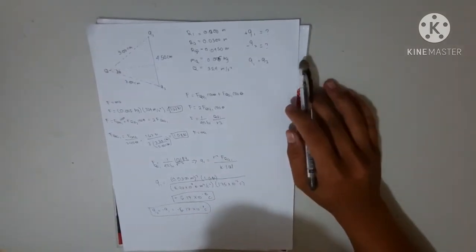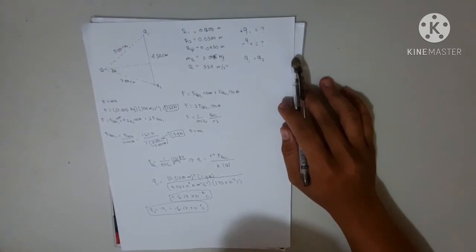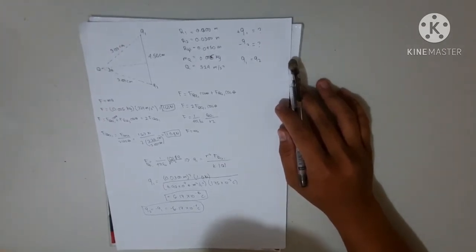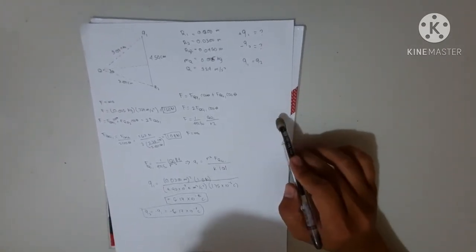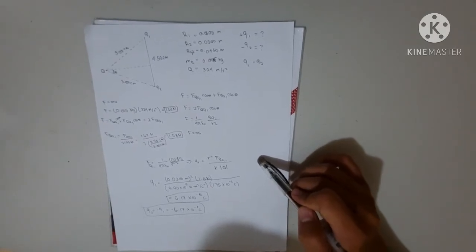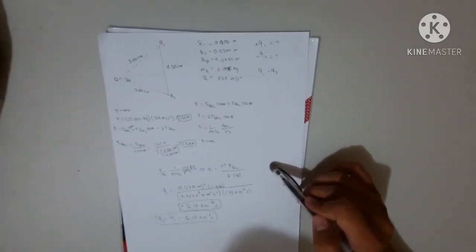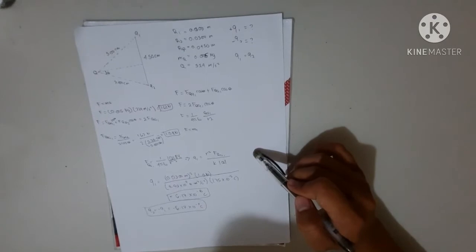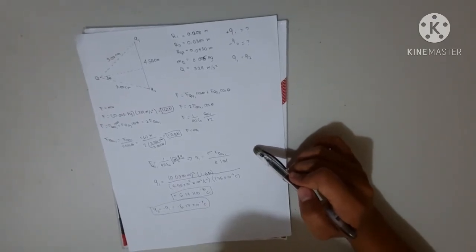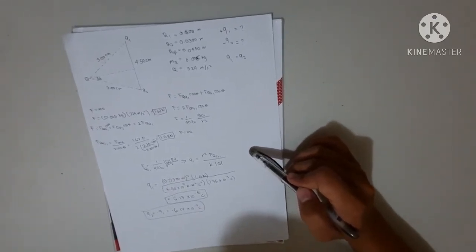And now we're going to find the charges by solving for Q1, using Coulomb's law and the fact that Q1 and Q2 have equal magnitude but opposite signs.